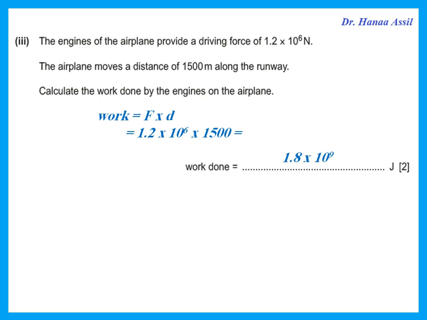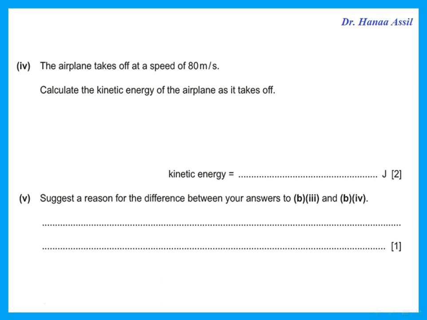Are we following? Okay. The airplane takes off at a speed of 80 meters per second. Calculate kinetic energy of the airplane. How do we calculate kinetic energy of the airplane? Please make sure before you enter the exam that you have memorized these equations. Physics is mostly equations that you need to memorize.